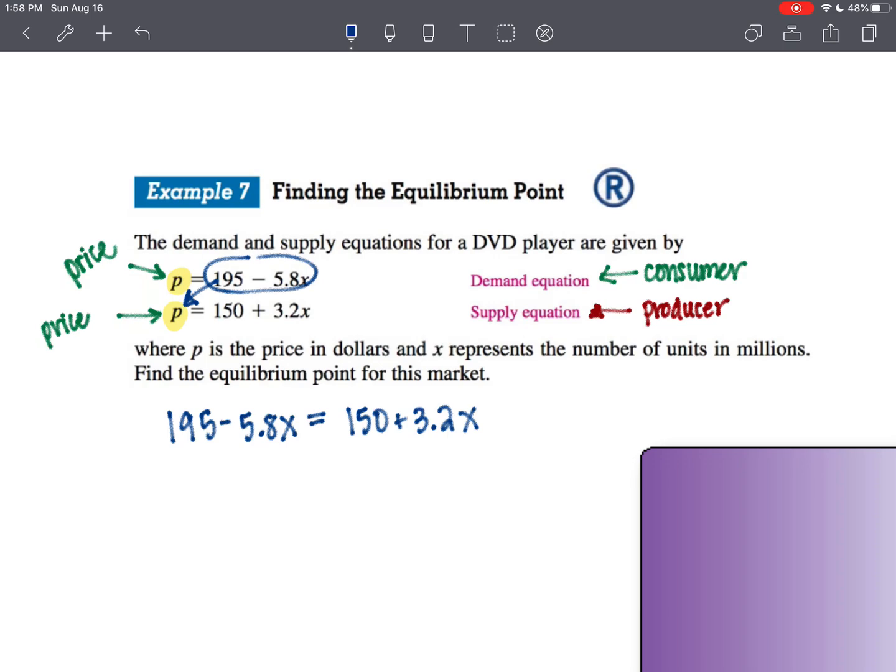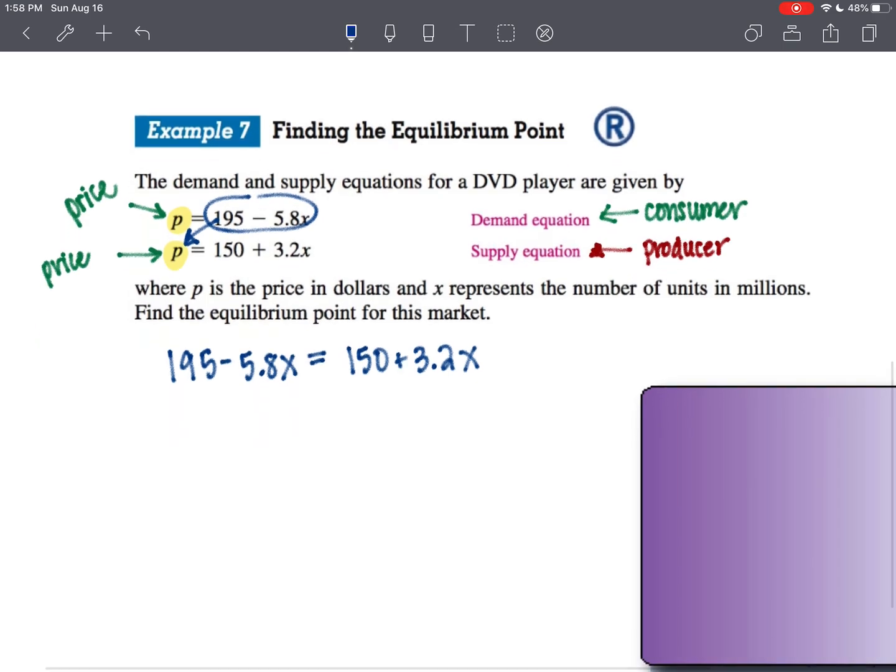It's a system of equations, substitution. Now I'm going to solve that system. Let's subtract the 150, which will give me 45. Let's add 5.8x, which gives me 9x. Divide both sides by 9, and I get x equals 5.